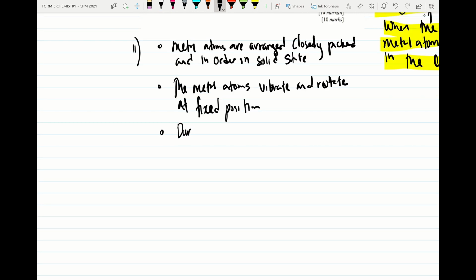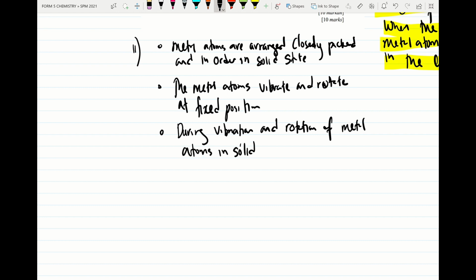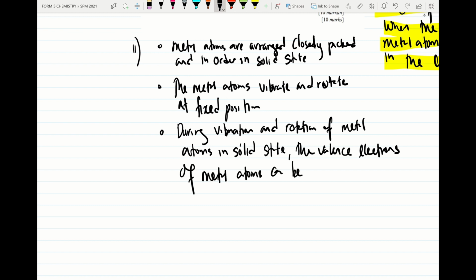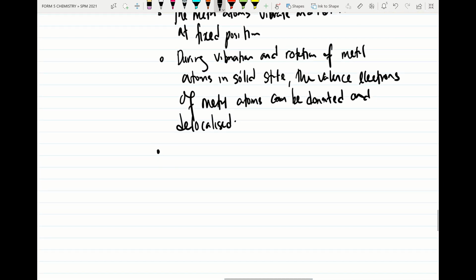During vibration and rotation of metal atoms in solid state, the valence electrons of metal atoms can be donated and delocalized. So we go for point number 4.